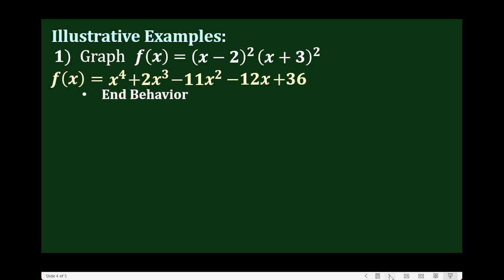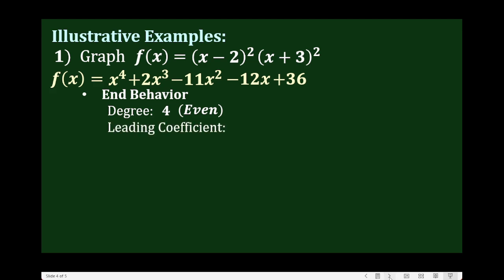Okay, so the first step to consider when graphing the polynomial function is determining the end behavior. And as I've said a while ago, the end behavior is based on the leading coefficient and the degree of the given polynomial function. So for the degree, we have 4, and we know that 4 is an even number.